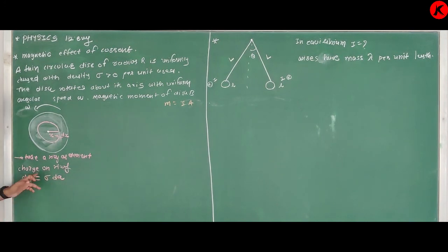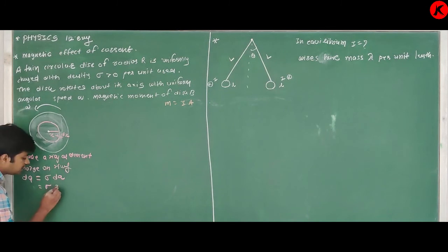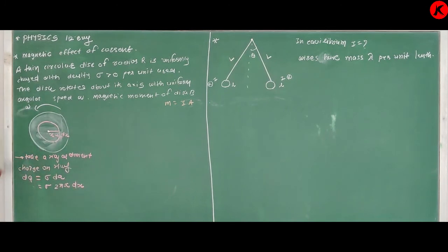What is the area of this ring? Yes, the area of this ring, we know, is 2 pi x dx. So dq is equal to sigma dA, which is sigma 2 pi x dx.